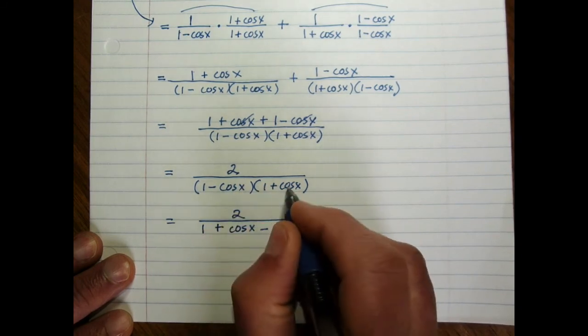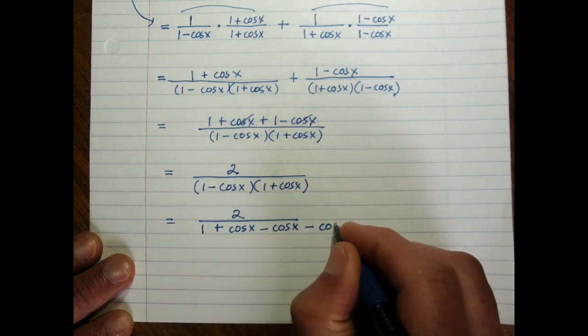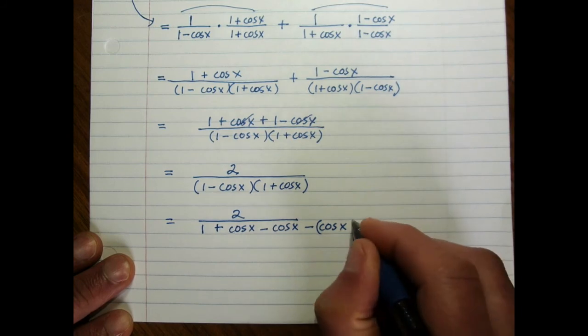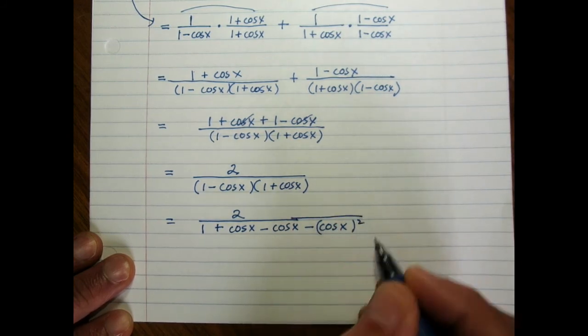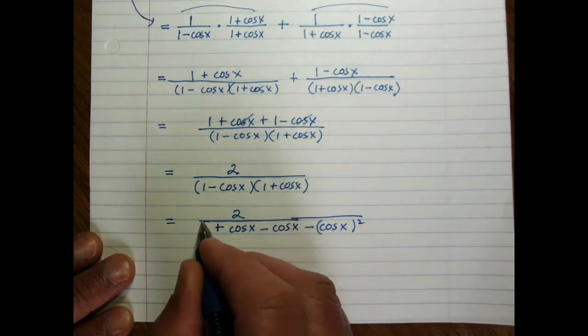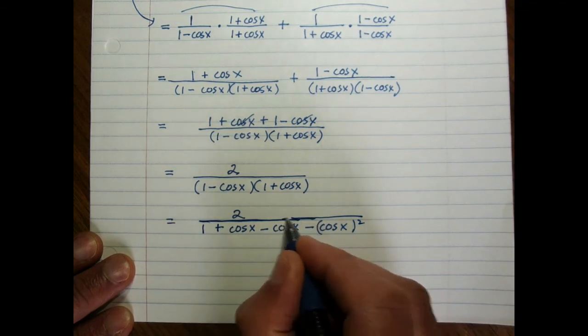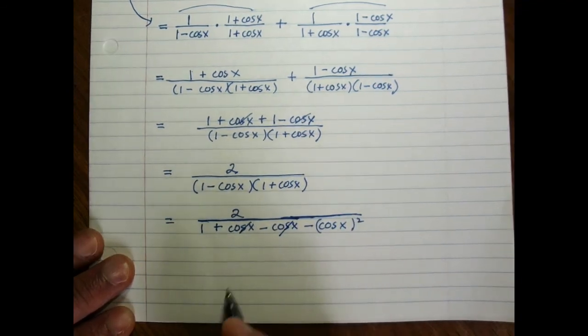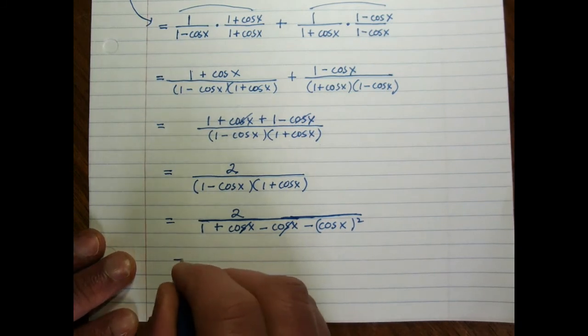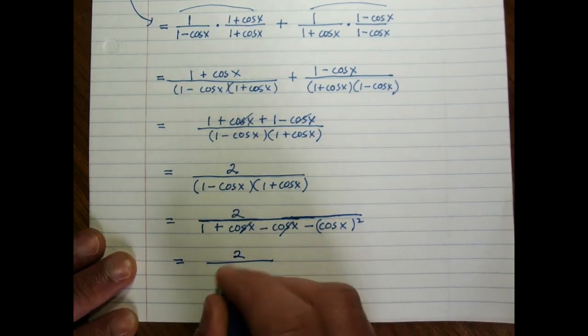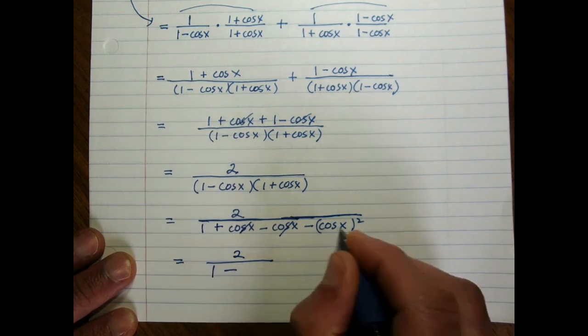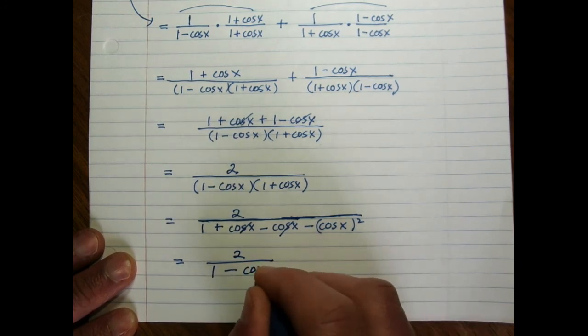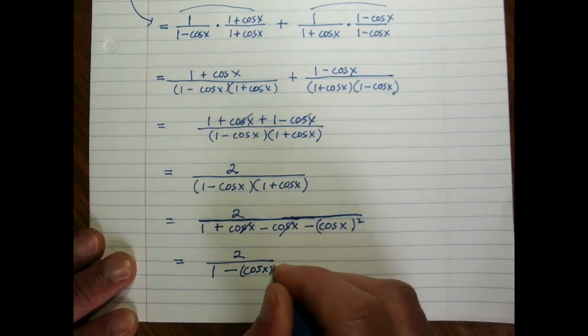A negative cosine times a positive cosine is a minus cosine x squared. When I multiply out the factors of that denominator, I have a cosine x minus cosine x canceling out. I'm left with just 2 over 1 minus cosine x squared.